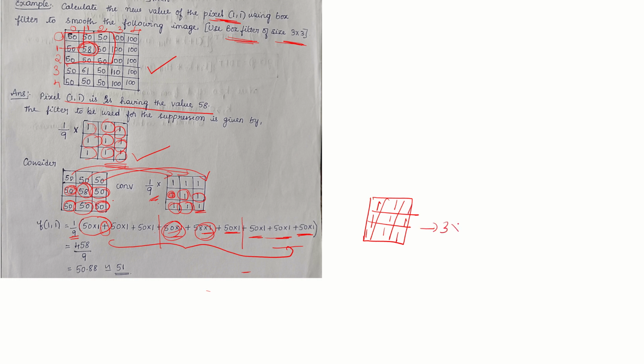This is 3 cross 3, so my mn will be 3 cross 3, which is equal to 9. So I got this 1 by 9. Now 458, the entire solved thing over here, divided by 9. If I do that, I will get 50.88. Pixel value is a whole number, so I have to approximate that to 51.